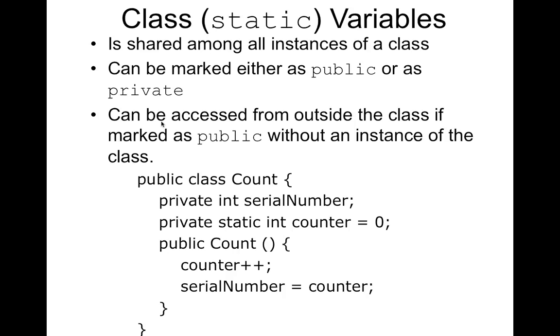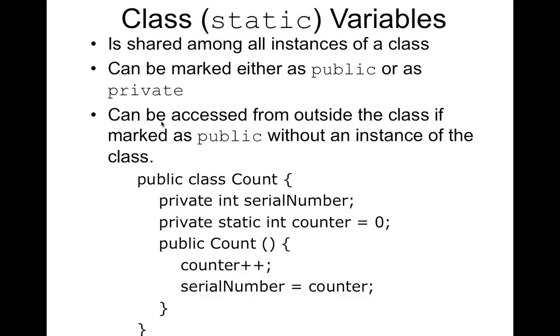Then class variables are nothing but static variables, shared among all instances of a class. They can be marked either as public or as private. They can be accessed from outside the class, if marked as public, without an instance of the class. Okay, fine.